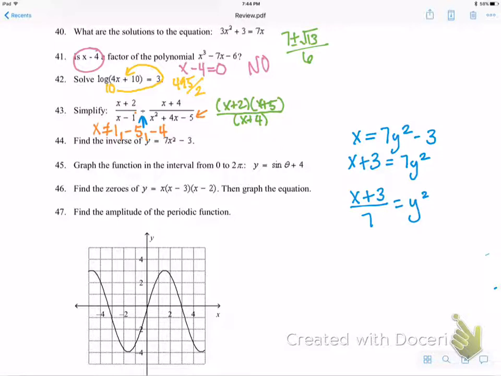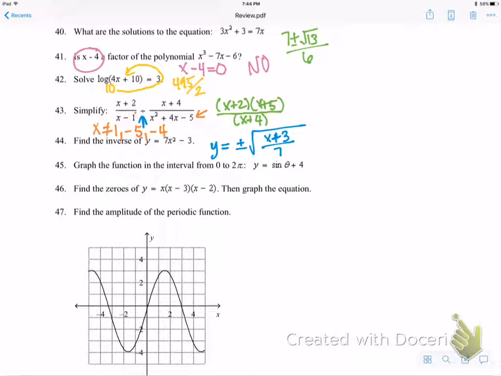And finally, I'm going to take the square root of both sides. Taking the square root of this side leaves me with just a y. Taking the square root of this side, I have to do plus and minus square root of x plus 3 over 7. So that's our inverse for number 44 for you to write down.